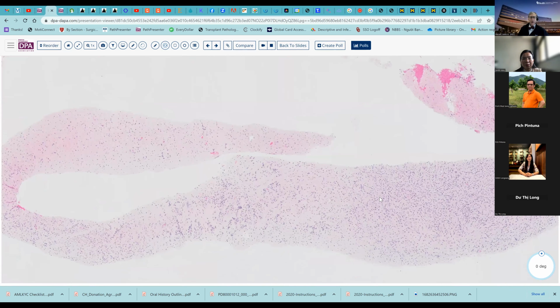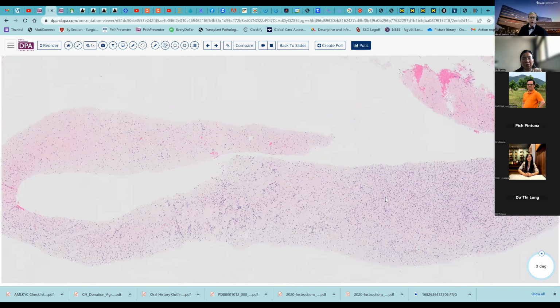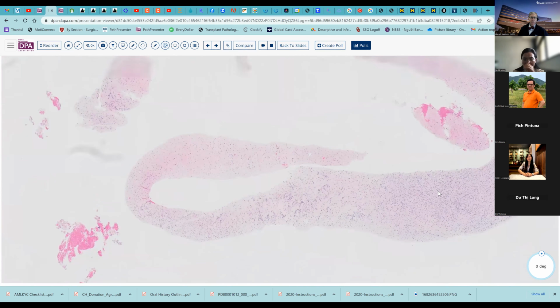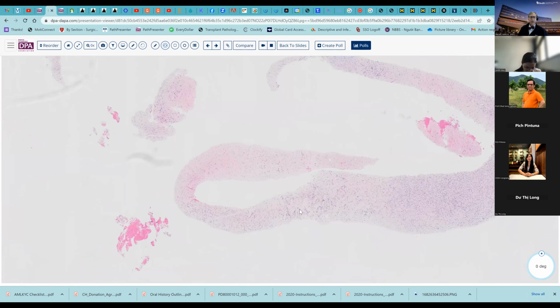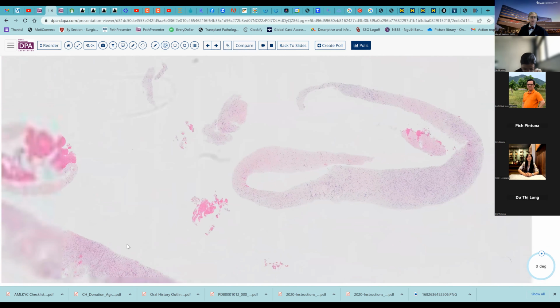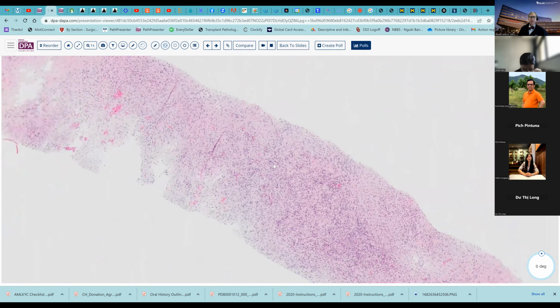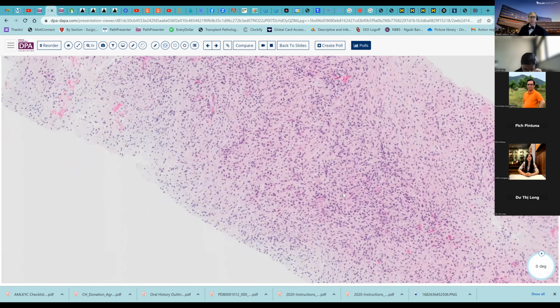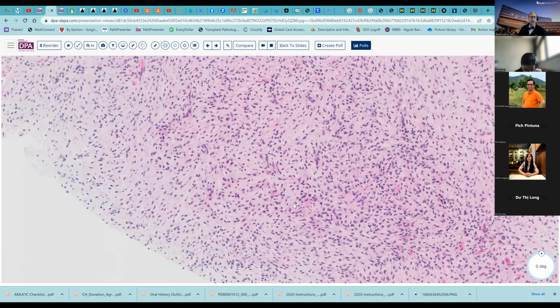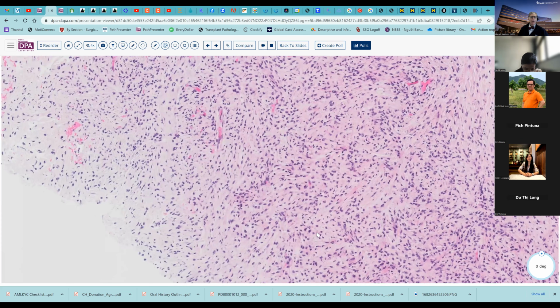And so including a MUC4, including a STAT6, including CD34, including the beta-catenin marker in your panel of these low-grade spindle cell tumors can be very helpful to begin to uncover what they are.